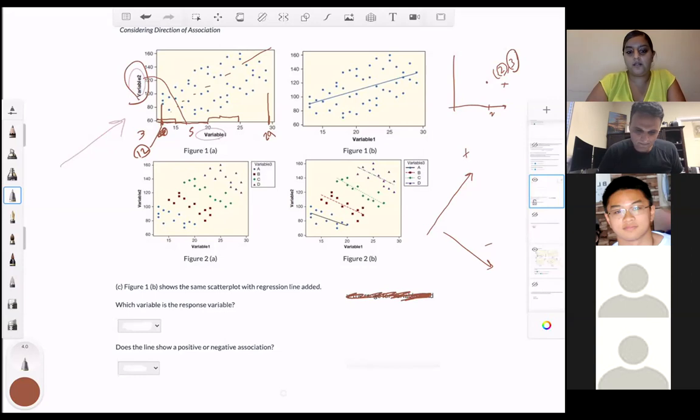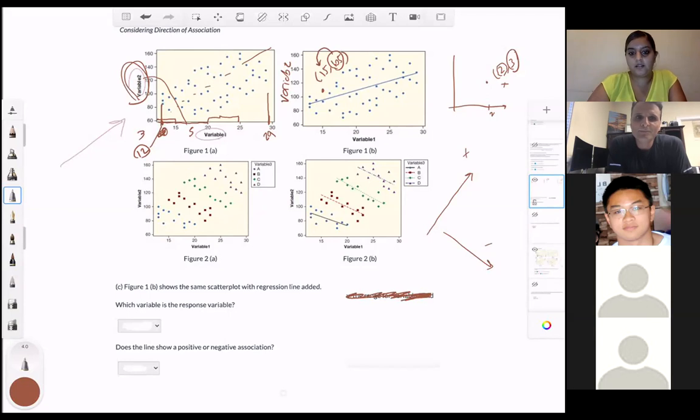Here they put variable 2, also here is variable 2. This point, for example, is 15, 105, so 105 is a response to 15. Now answer the second part.